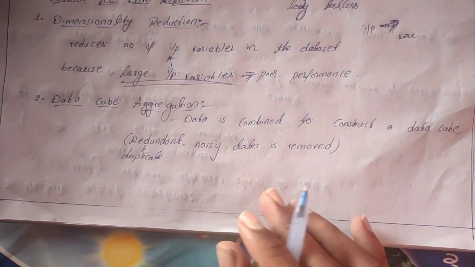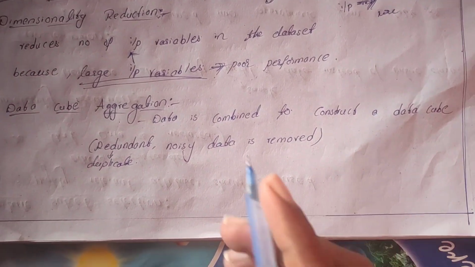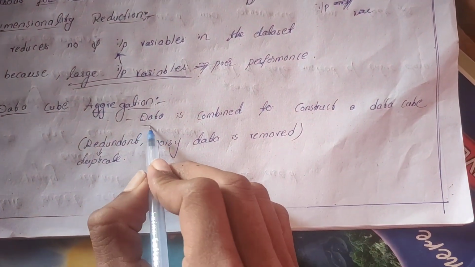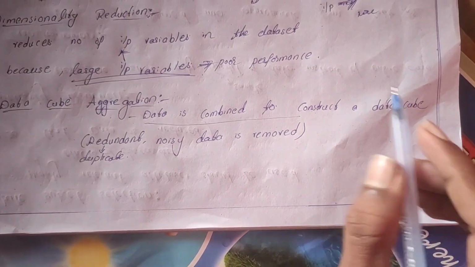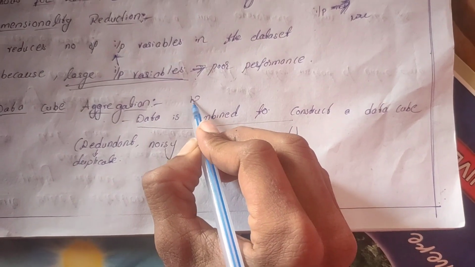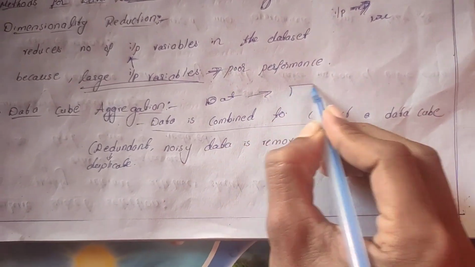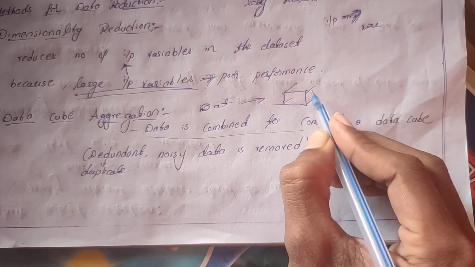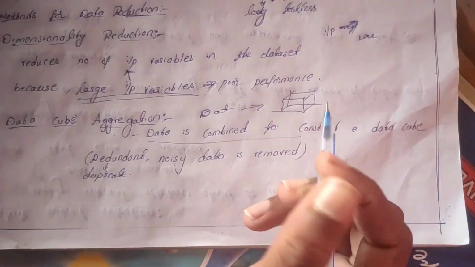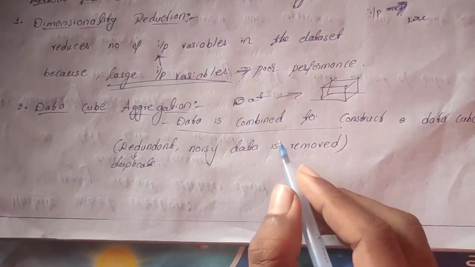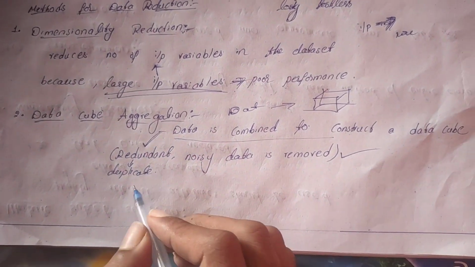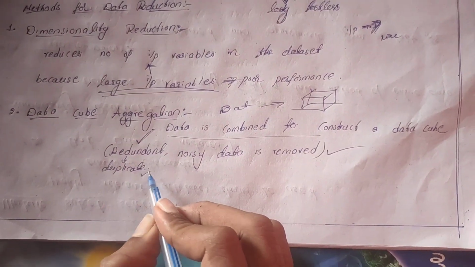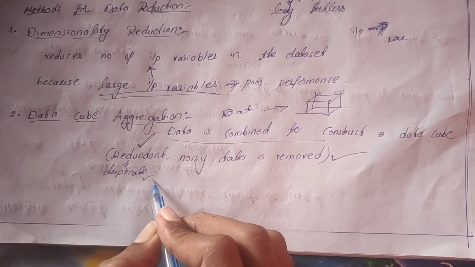Next, data cube aggregation. Data cube aggregation means the data is combined to construct a data cube for these data sets. Noisy data are removed, and redundancy will be removed by removing duplicate values in the data cube.